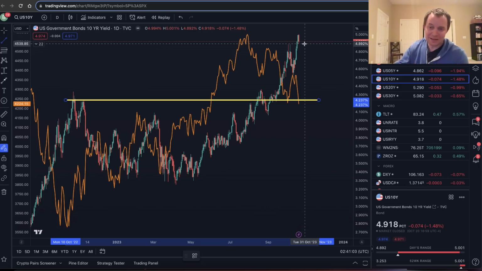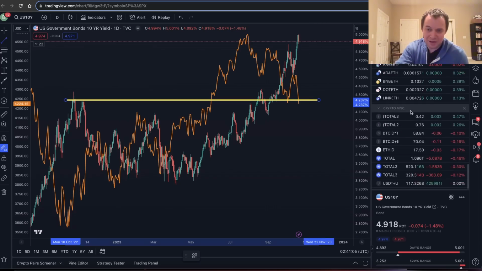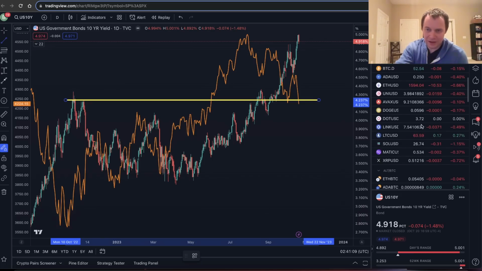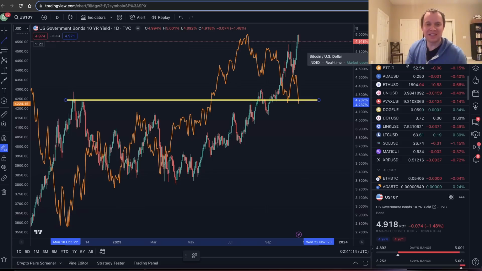I mean, look, guys, it's the same thing in the crypto market. Yeah, Bitcoin is up. We know that. But why is Bitcoin up? It's because the rest of the market has been bleeding. Altcoins are bleeding, just like the stock market is, and Bitcoin is reaping the rewards of that because a lot of them are bleeding back into Bitcoin.